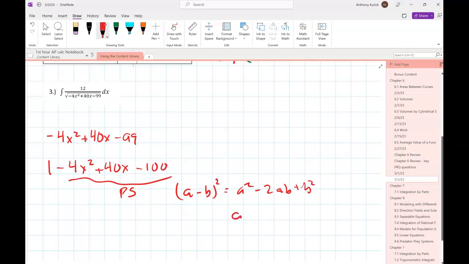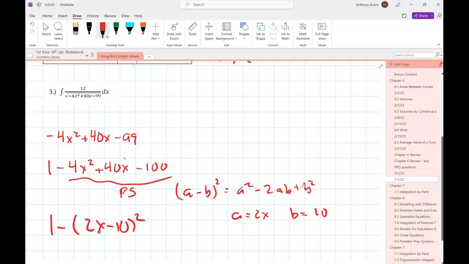So a should be 2x, b should be 10, since I wrote the subtraction symbol there already. And I notice that 2 times 2x times 10 does give me 40. That done. Square completed. Massively easier than the problem that I'd given you with the negative 29 in there.